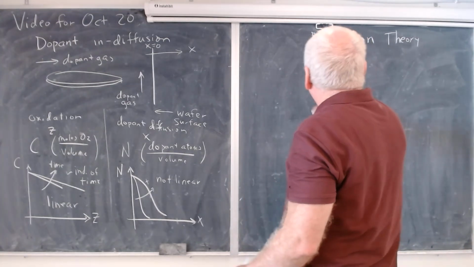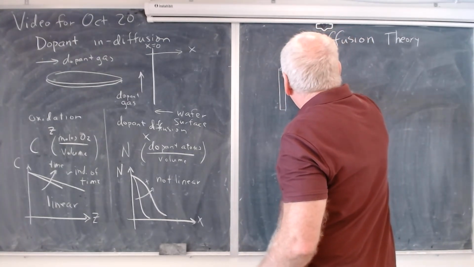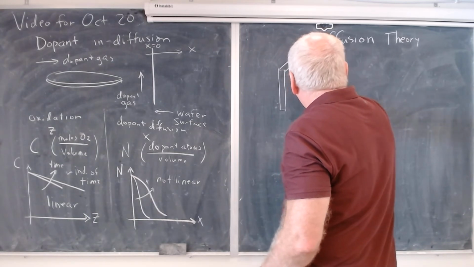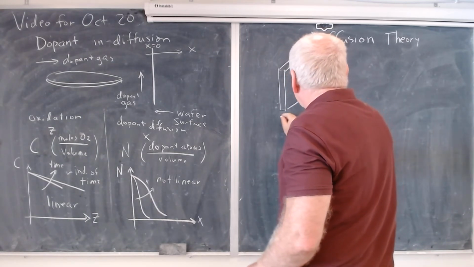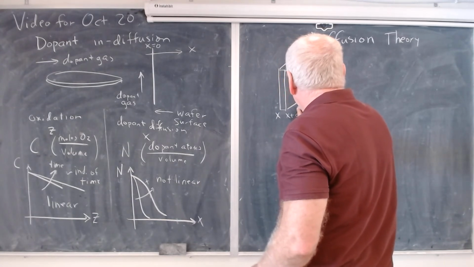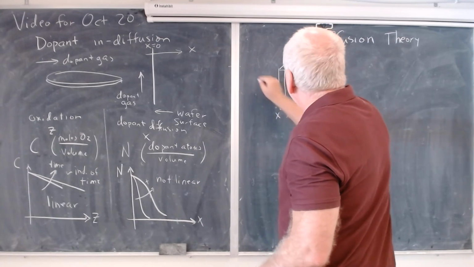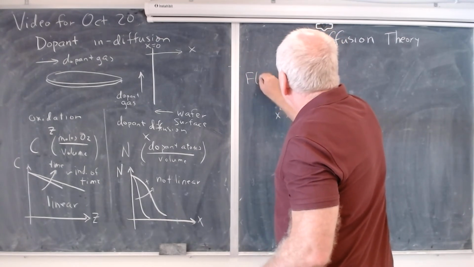So diffusion theory, let's pull out our thin box again. This is at x, and this is at x plus dx. And we're going to have a flux of x.